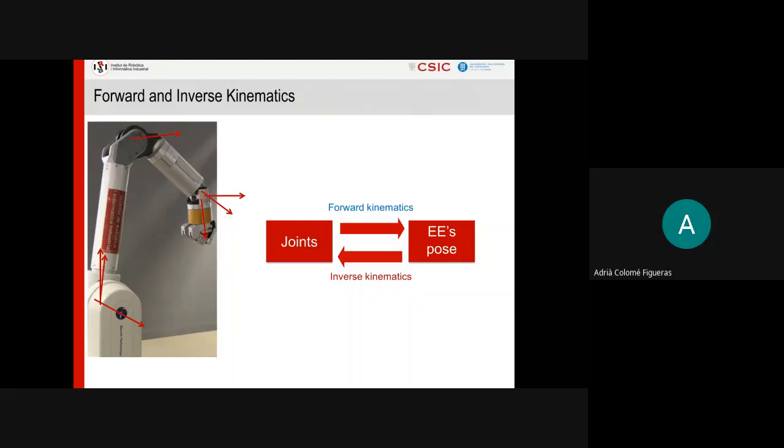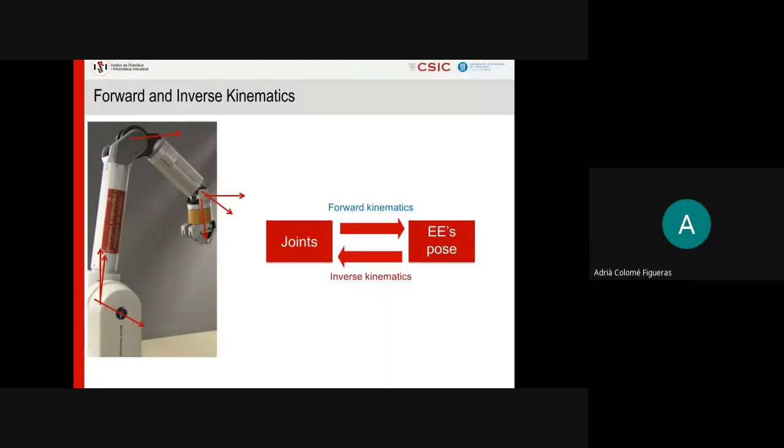But the other way around, it becomes complicated, because in this case, we are mapping from a 7-dimensional space to a 6-dimensional space, and the inverse mapping will have infinitely many solutions for most of the Cartesian pose points that we want to convert to joint positions. In fact, in the case of this robot, we will have several one-dimensional manifolds of solutions for each end effector pose. So this is something that we always need to take into account.